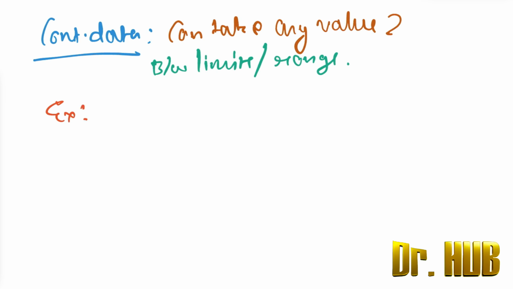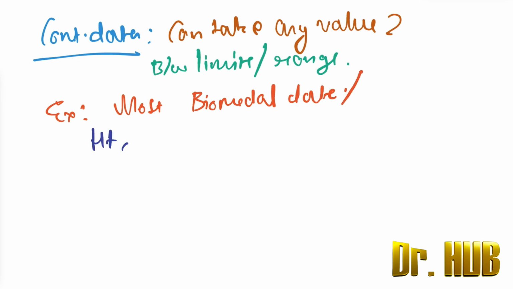Most biomedical data is continuous, for example height, weight, or blood pressure. In discrete data, we saw the number of cancer patients in a hospital; that was discrete data.